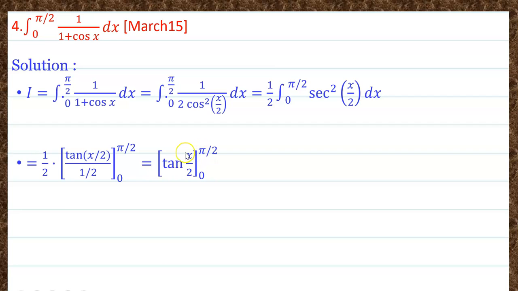Once you replace x by pi by 2, it becomes tan of pi by 4 minus tan of 0. Tan of pi by 4 is 1, tan 0 is 0, and 1 minus 0, hence you will get I is equal to 1. This is the answer. Okay, now next question.